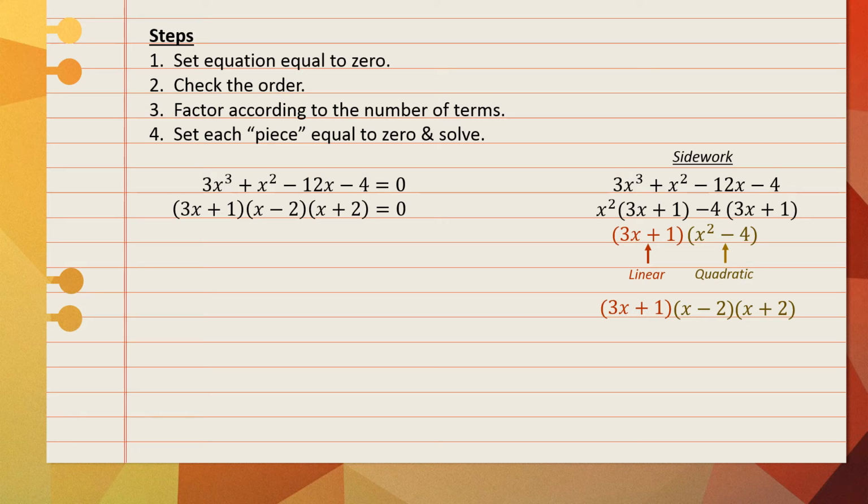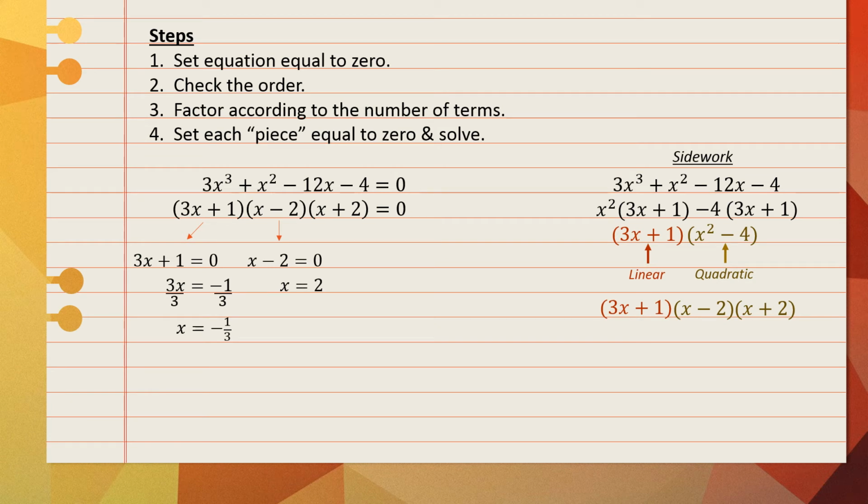So let's solve. We take the first piece, 3x plus 1, and we set it equal to 0. Now we solve for x. We would subtract 1 on both sides, divide the left side and the right side by 3, leaving us with x equals negative 1/3. The next piece is x minus 2, and we set it equal to 0.